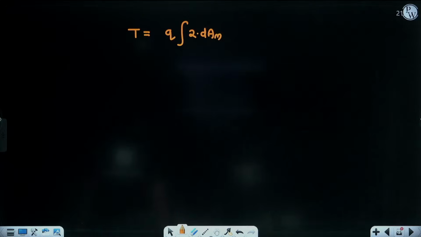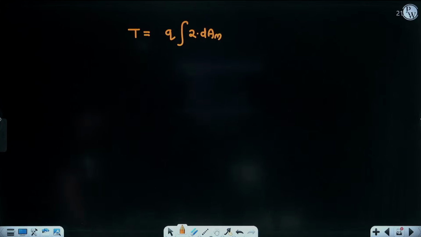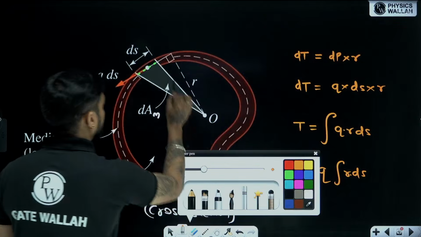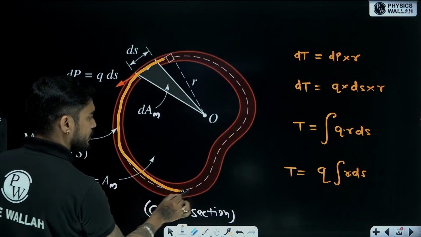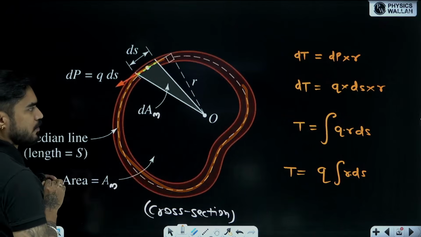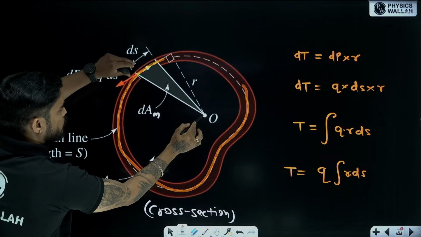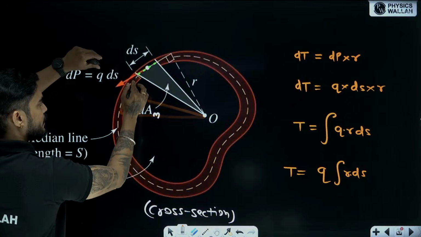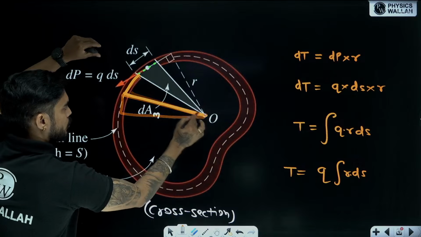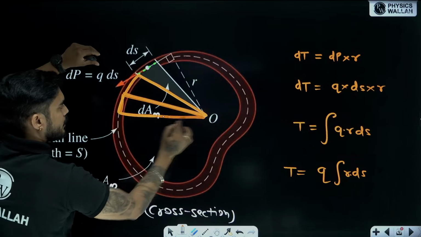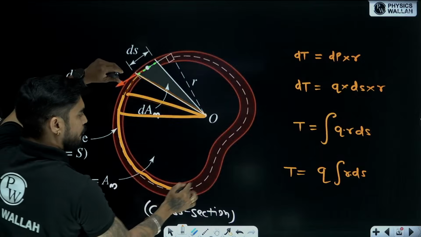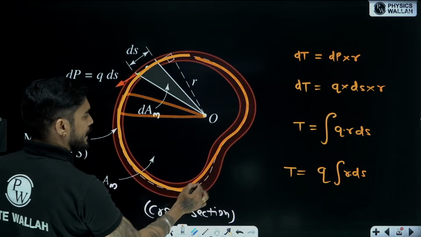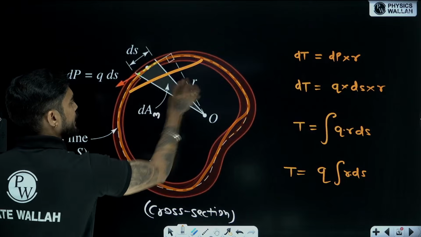And how are we integrating it? We are integrating it for this entire length. If you integrate these very small triangles, say there is a small length here, so you'll get another triangle here, small length here, another triangle here. If you integrate this, you are going to cover this entire area bound by this central line.